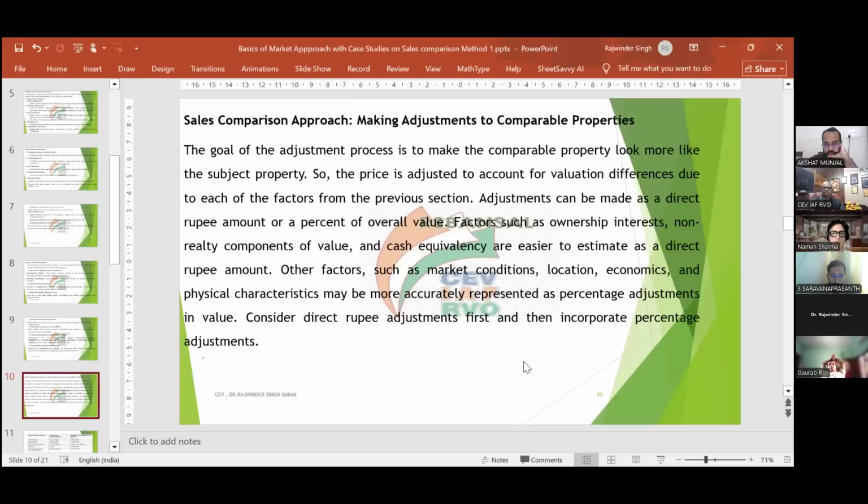So the first approach is the sales comparison approach. In the sales comparison approach, the goal is to adjust; the process is to make the comparable property look more like the subject property. We will take an example of how this sales comparison approach is applied. That will make things more clear to you instead of going through this theoretical part.